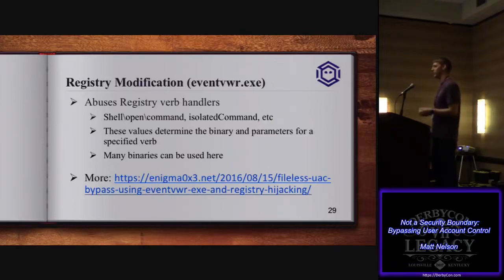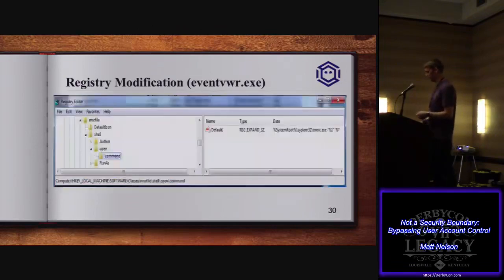So the open verb is typically mapped to whatever the invoking process is. For example, eventviewer.exe has an open verb set to mmc.exe with the path to the event viewer MSC, or MMC snap-in. So eventviewer.exe does not actually just start the event viewer. It calls mmc.exe, which is the management console, and then passes it the path to the event viewer snap-in.